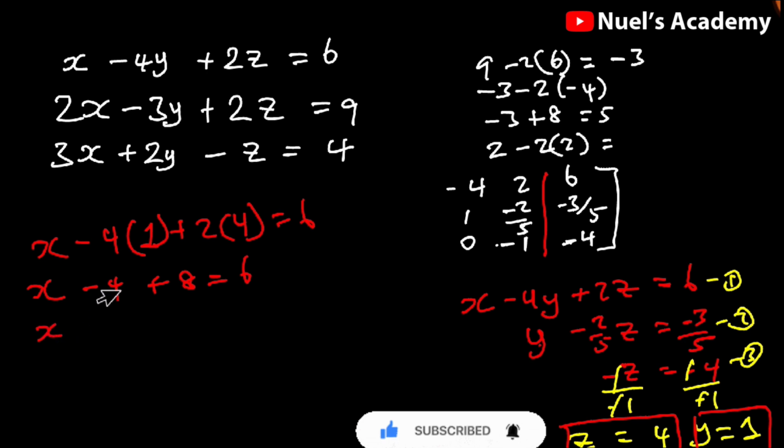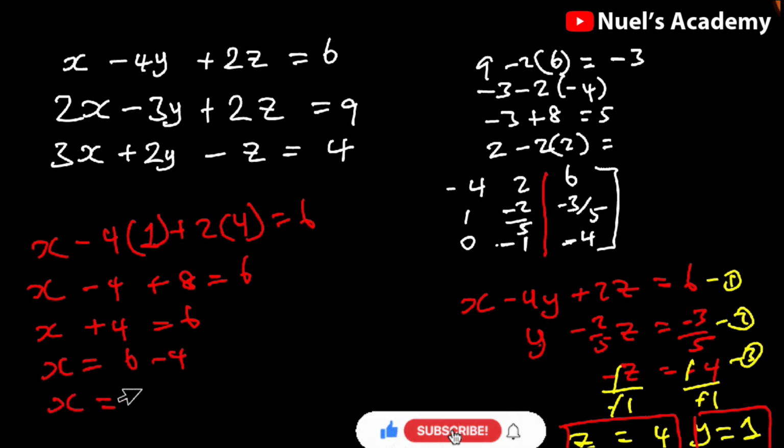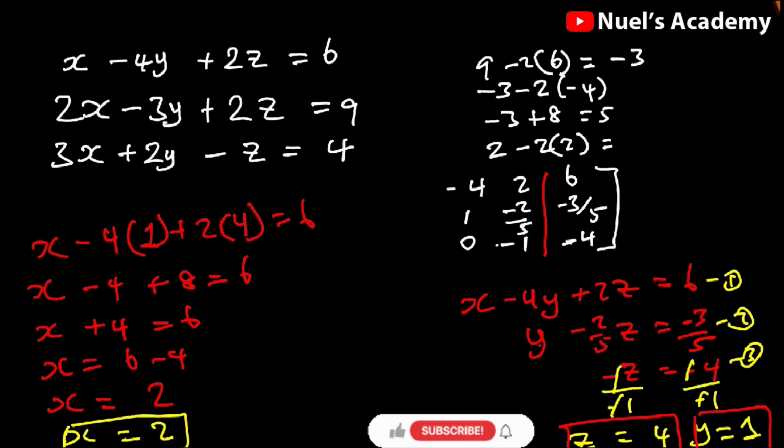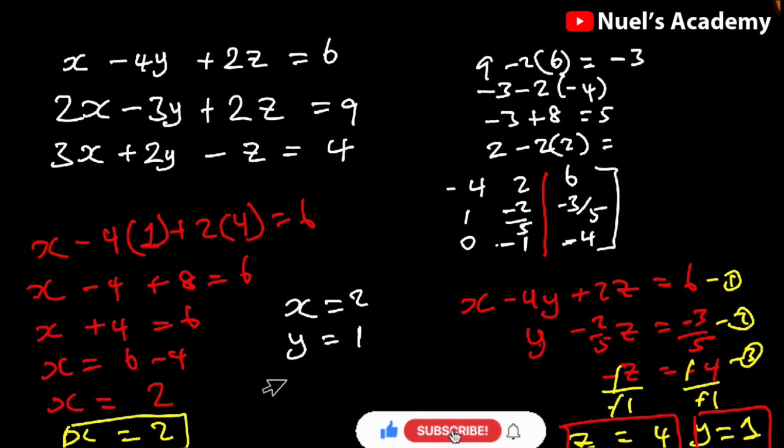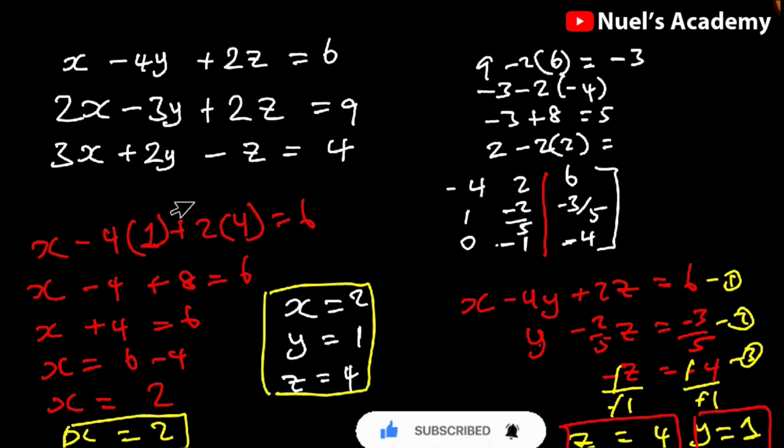X minus 4 plus 8 is plus 4 equals to 6. So x is equals to 6 minus 4. I have that x is equals to 2. Now these are the solution to this question. Let me just write them out. I have that x is equals to 2, y is equals to 1, and then z is equals to 4. So this is the answer to this question using Gaussian Elimination Method.